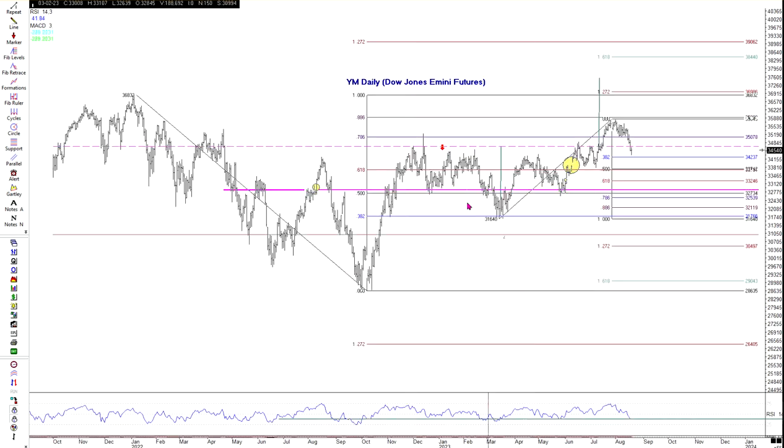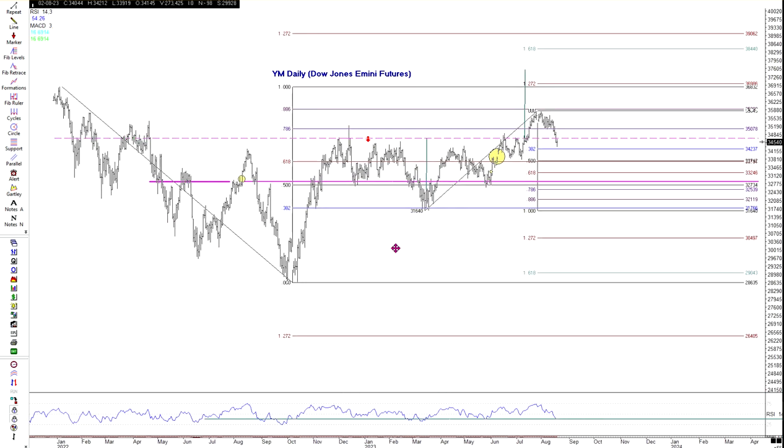If we take a look at the YM, these are the mini futures for the Dow Jones, then we can also find a point here using this low from March of this year up to this recent high and just coming down into a 382 retracement, which is where I just showed you on the Dow Jones Industrial, the INDU symbol, where the little gap was there, and then the lows here.